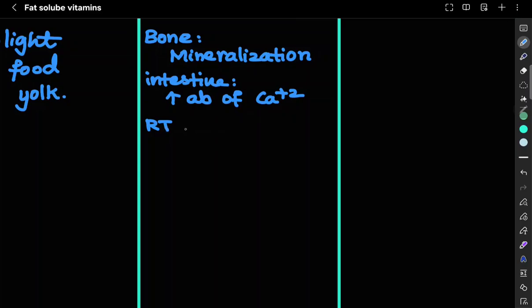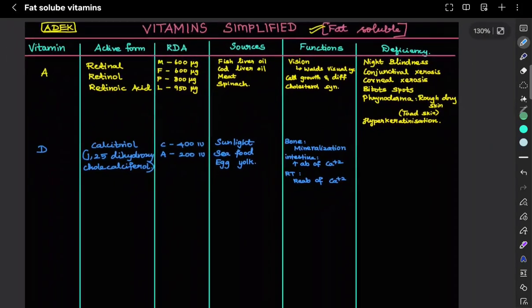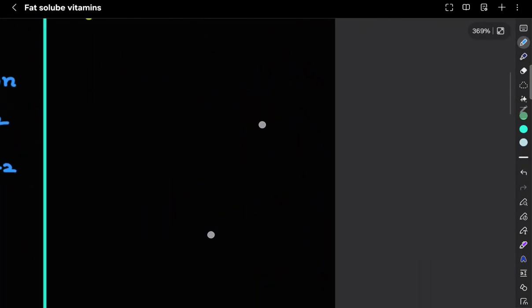In renal tubule, reabsorption of calcium. So basically it absorbs calcium and deposits in the bone, mineralization. In intestines, it increases the absorption of calcium. In renal tubule, it increases reabsorption of calcium. So remember, vitamin D and calcium are friends, okay? So that you can correlate with the functions of vitamin D.